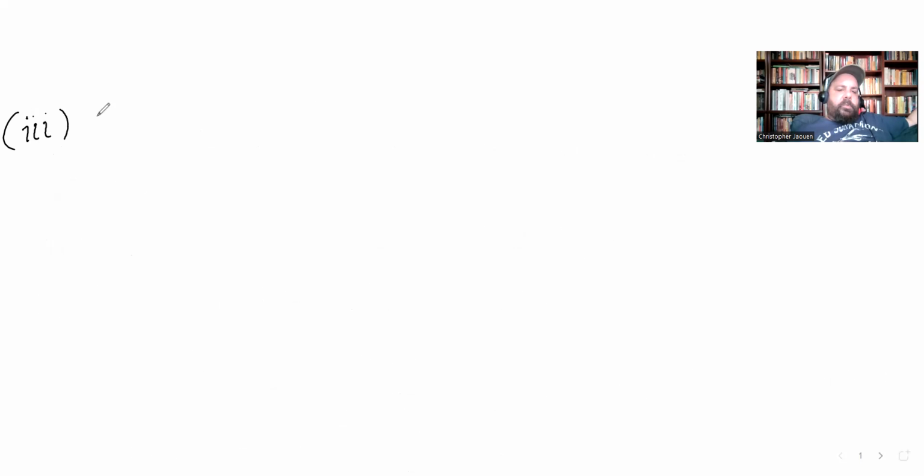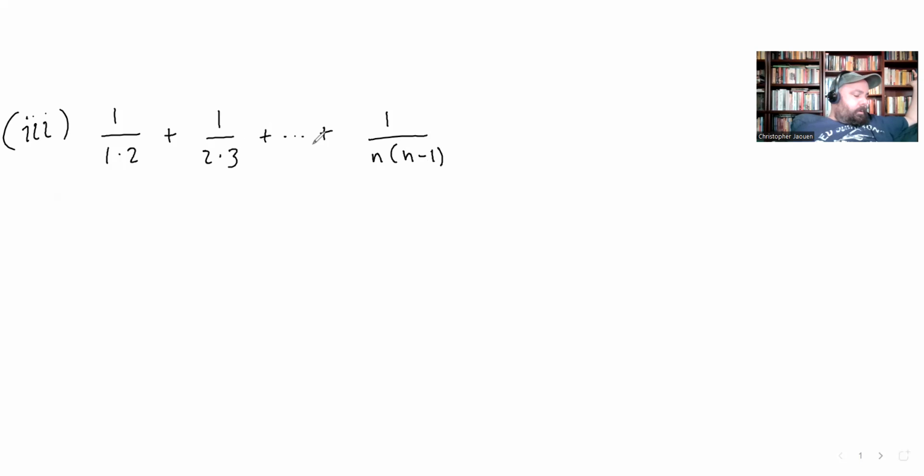So you would do a similar thing for part 3. He wants you to derive a formula for this. What is it? 1 over 1 times 2 plus 1 over 2 times 3, all the way up to 1 over n times (n plus 1).